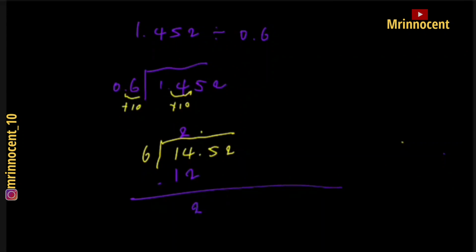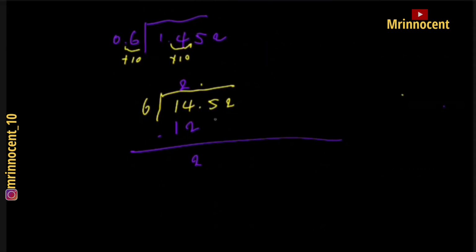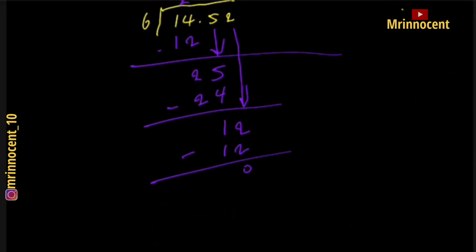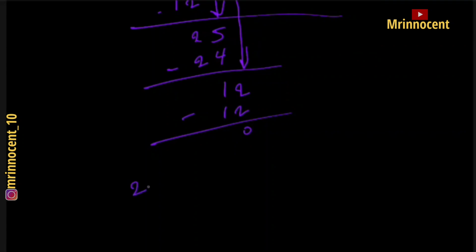You have 2. 6 into 2 cannot, you bring down 5. 6 into 5 is 4. 4 times 6 is 24. So when you subtract it, you have 1. 6 into 1 cannot, you bring down 2. 6 into 12 is 2. 2 times 6 is 12. So when you subtract it, you have 0. So therefore, your answer is 2.42.